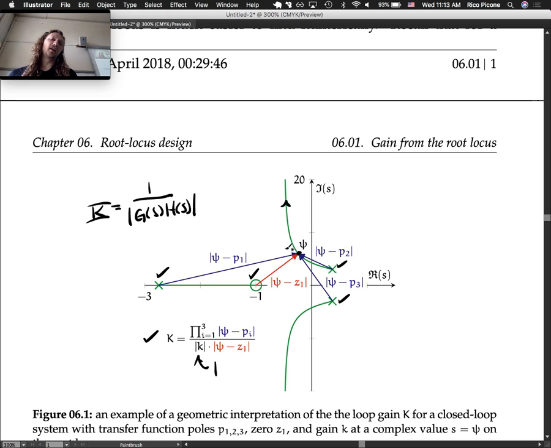Since there are 3 poles and they're in the numerator, as you move this farther and farther away, the lengths all approach each other, except that the numerator's got 3 of them. So it's going to increase more than the zero. That's why we have this gain going to infinity as you go along this line, because the numerator poles have length to the test point that gets larger and larger, and there are 3 of them.